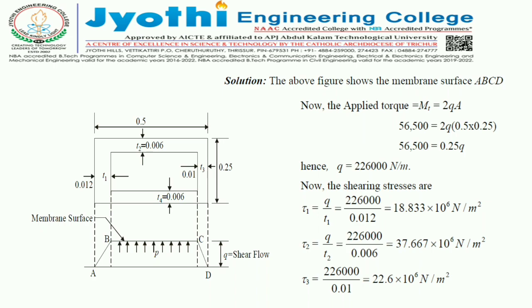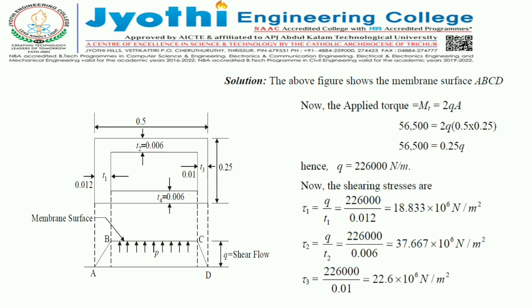First we find the torque. We equate the torque and find the relation of Q. The torque equation is MT is equal to 2QA. Torque is given in the question, that is 56,500, and area is found out by 0.5 into 2.5.